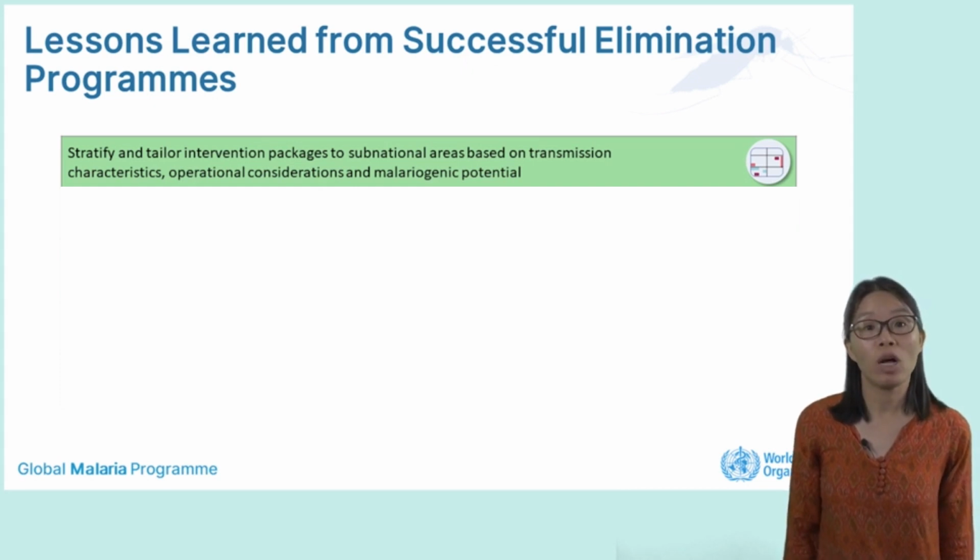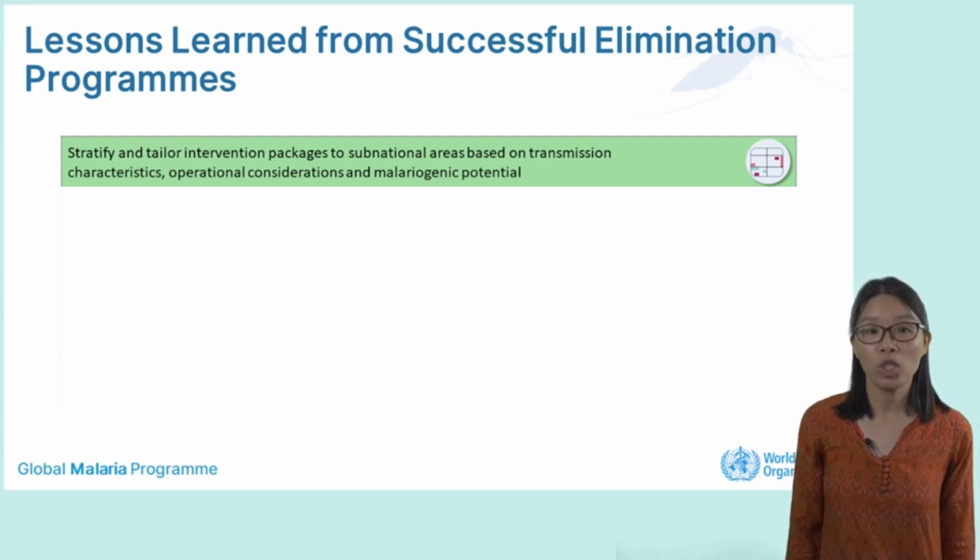The process of stratifying interventions according to the local context helps to ensure that the appropriate mix of interventions is in place everywhere to meet the needs of the population and eliminate transmission.